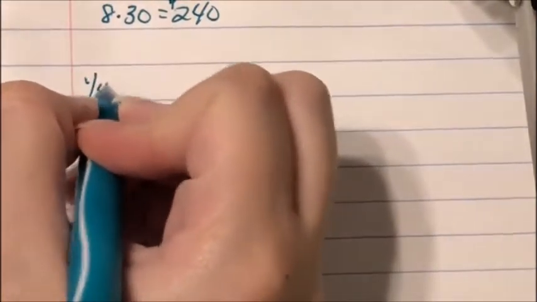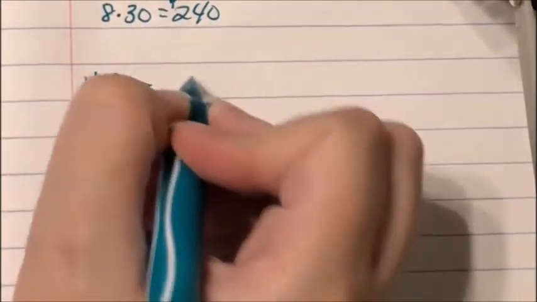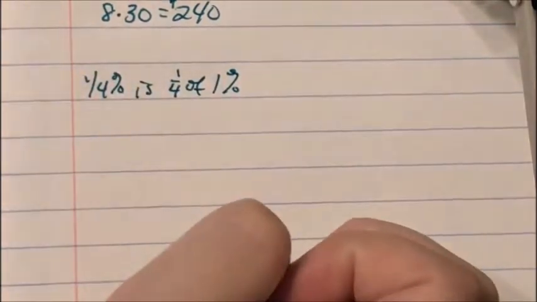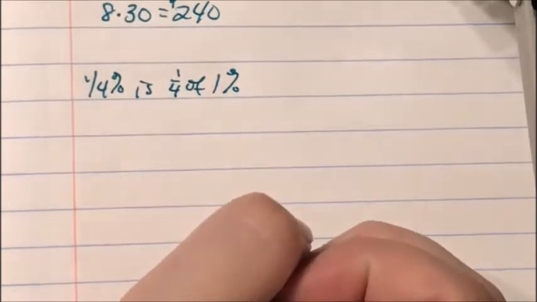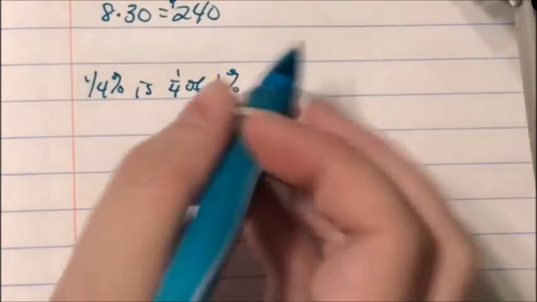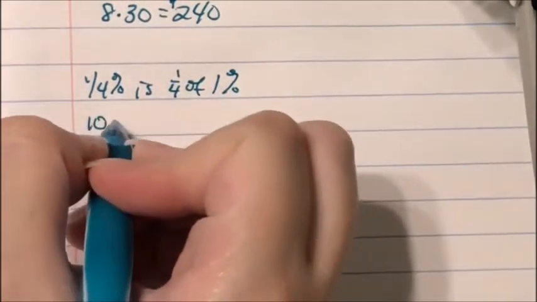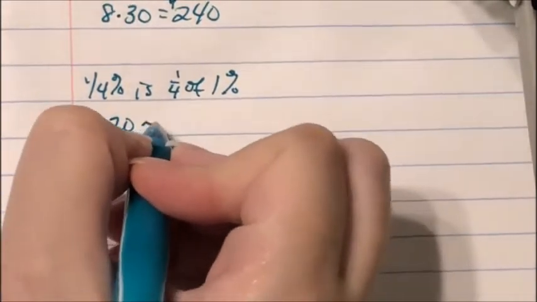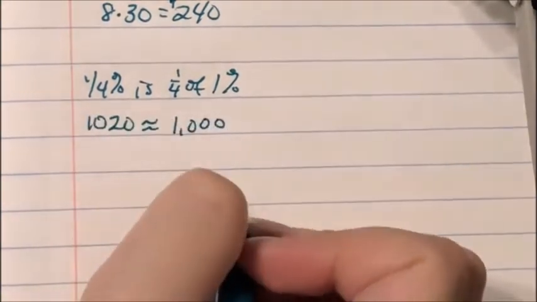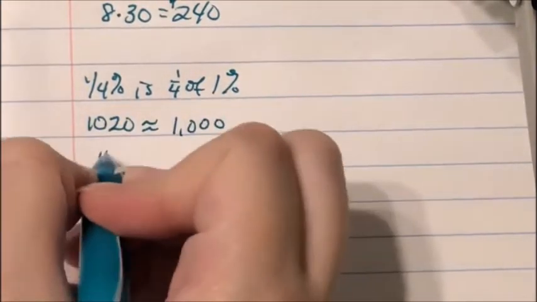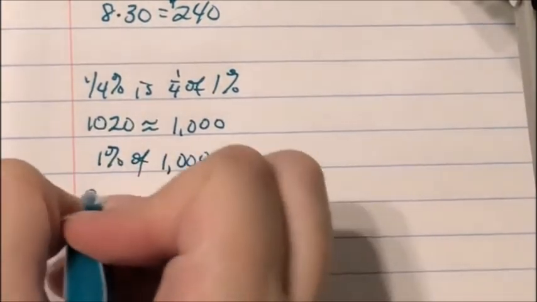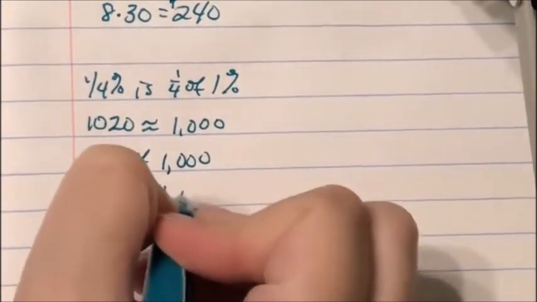So 1/4% is 1/4 of 1%. We remember that? So I can approximate it to about 1, probably make my life easier. 1,020 is approximately 1,000.